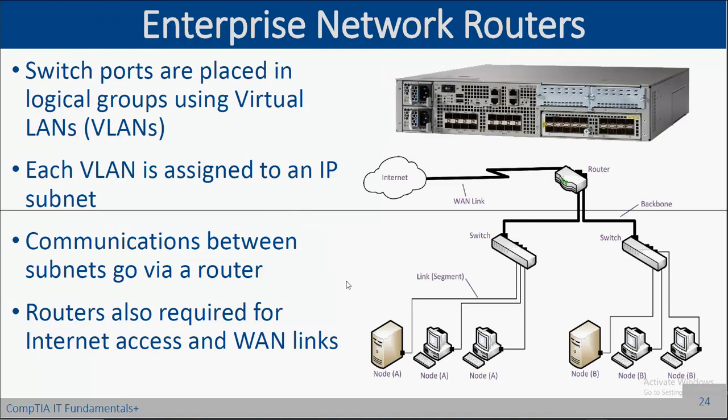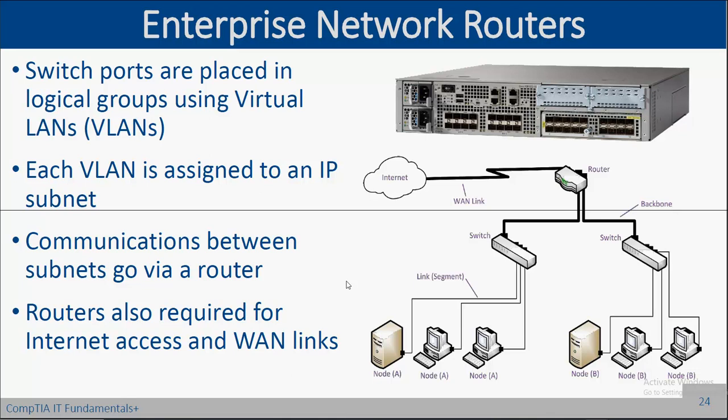Here is the view of a router, right? So you have the internet connects to the router, which connects to one or many switches, and then those switches are used to connect your hosts, your computers, and that kind of stuff. Switch ports are placed in logical groups using what's called virtual LANs, or VLANs.